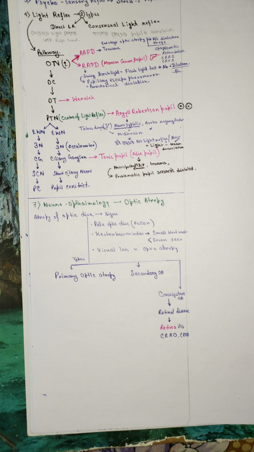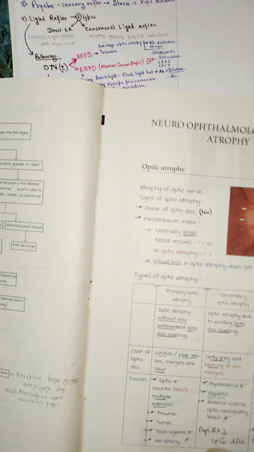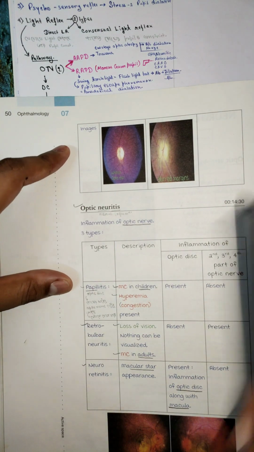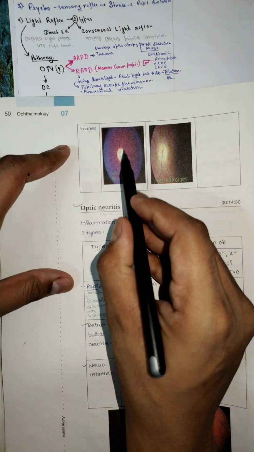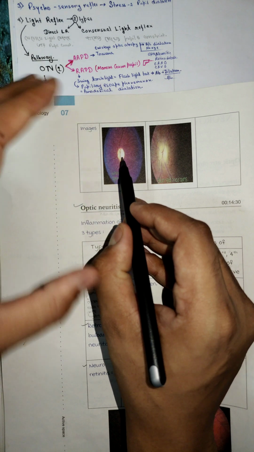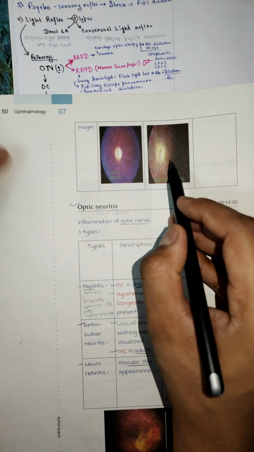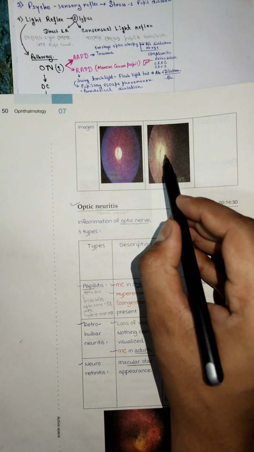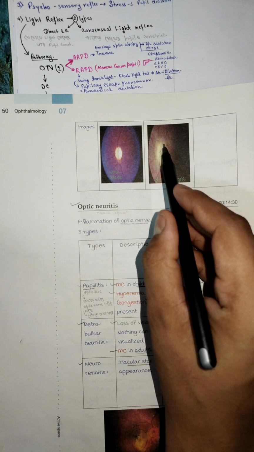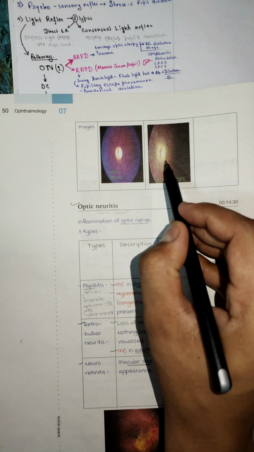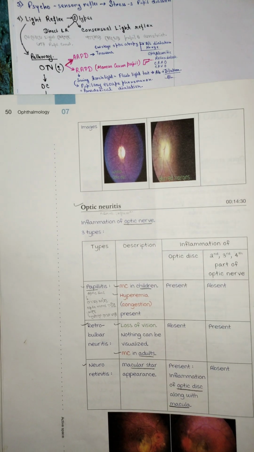So if we see the pictures, in the primary the optic disc is pale yellow or white, and the margins can be seen easily. In the secondary, there is swelling, that's why the margins cannot be defined well. There is a blurred margin, and the color is a little bit faint, dark gray.